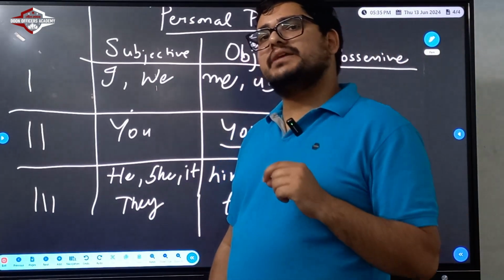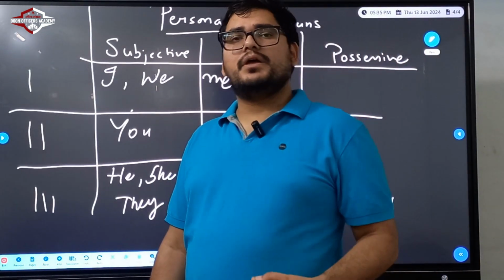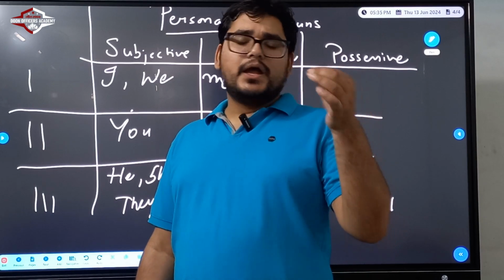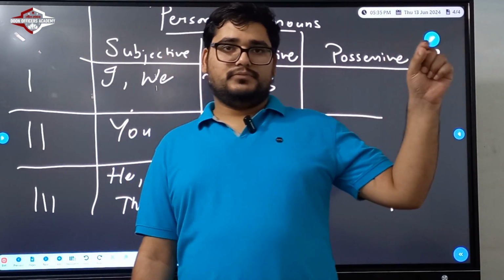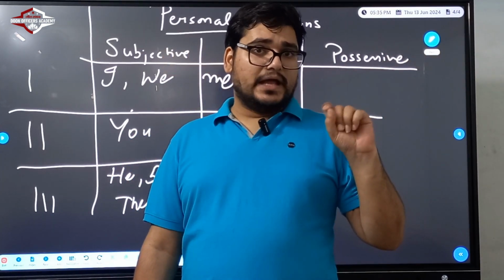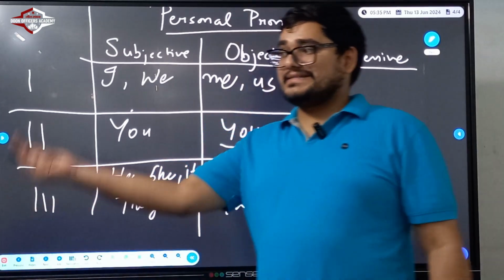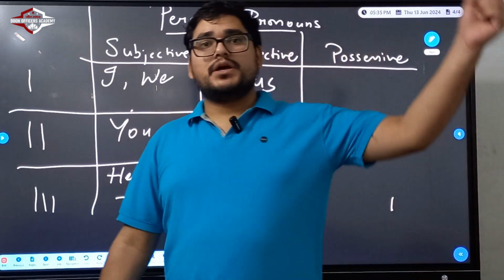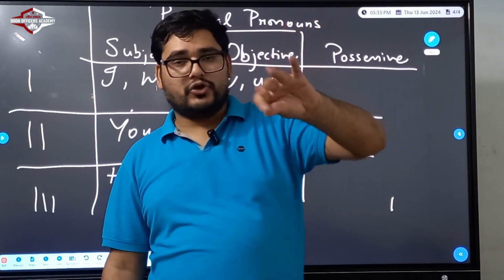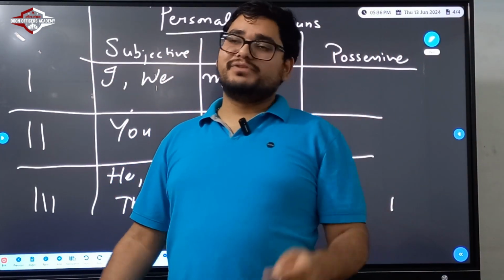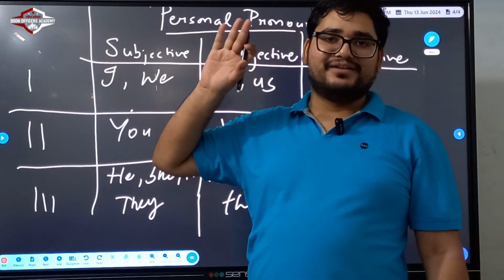For example, you submit me your notebooks, you submit me your assignments, right? Now I received assignments of 10 students. Out of them, I take one assignment. Now what do I ask? Whose assignment is this? Now you will answer that it is my assignment, or it is his assignment, or it is her assignment. Now if you have a dog that gives an assignment, then you will say it is its assignment, right?